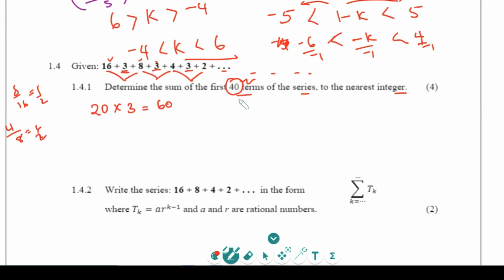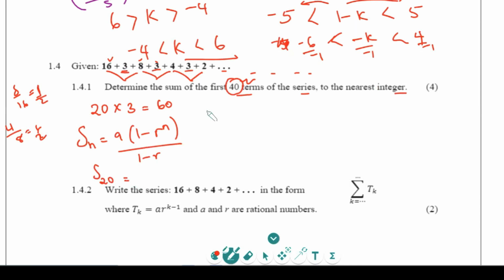Then I need to remember that with the geometric sequence, the formula for the sum is a into (1 minus r to the n) over 1 minus r, since our r is a half. We're looking for the sum of how many terms? That will be 20 terms.